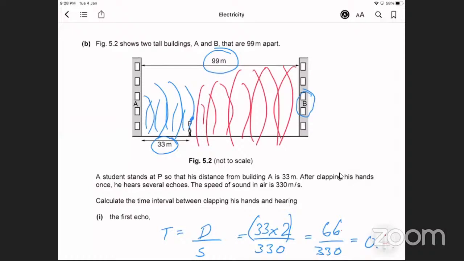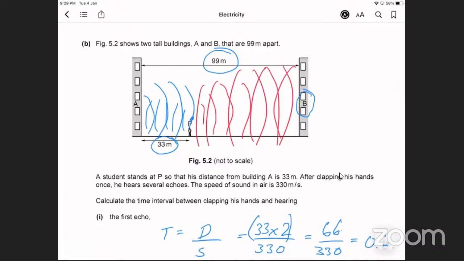Where does the third echo come from? So remember, this is still on the same diagram. I'll go back to my blue.